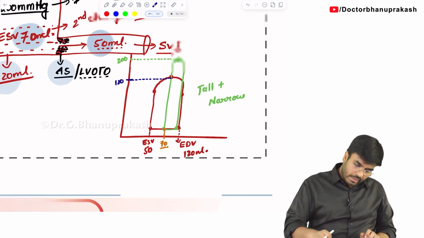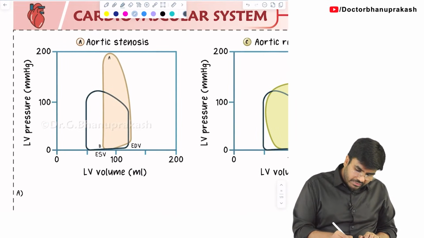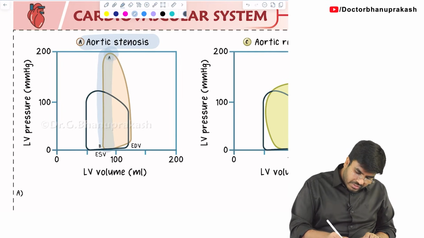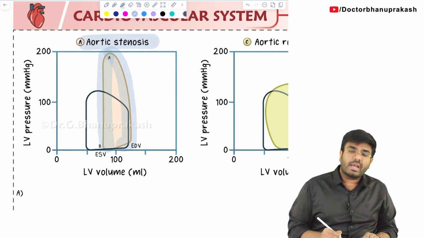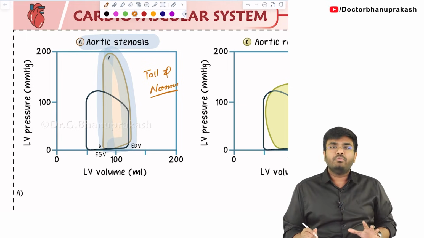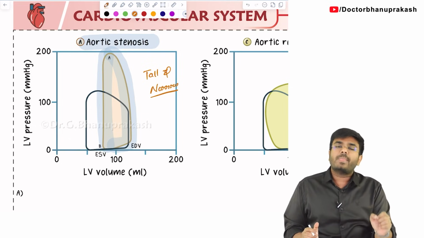Now look at this. Have I already taught you what happens to the left ventricular pressure volume loop in a patient with aortic stenosis? It becomes tall and narrow. But in your exam, you are not going to have that much time to find the right answer.